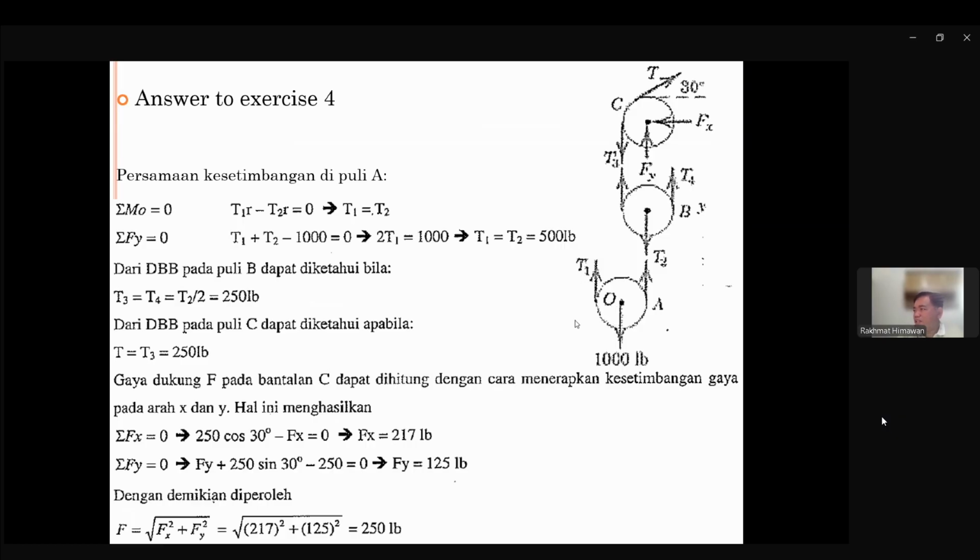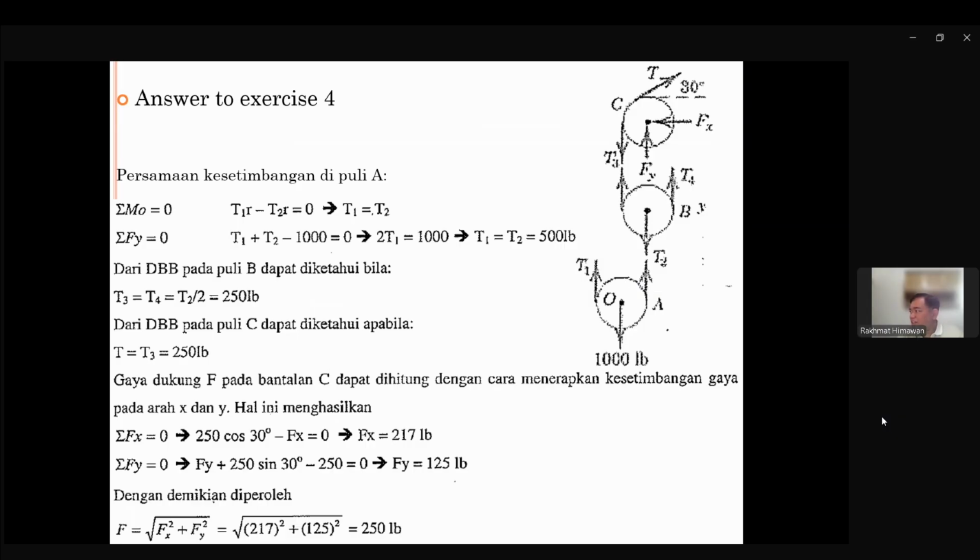So since sigma Fy is equal to 0, and looking only at pulley A, we have 1,000 pounds going downward and T1 and T2 going upward, that means T1 plus T2 is equal to 1,000, which means T1 and T2 are both 500.